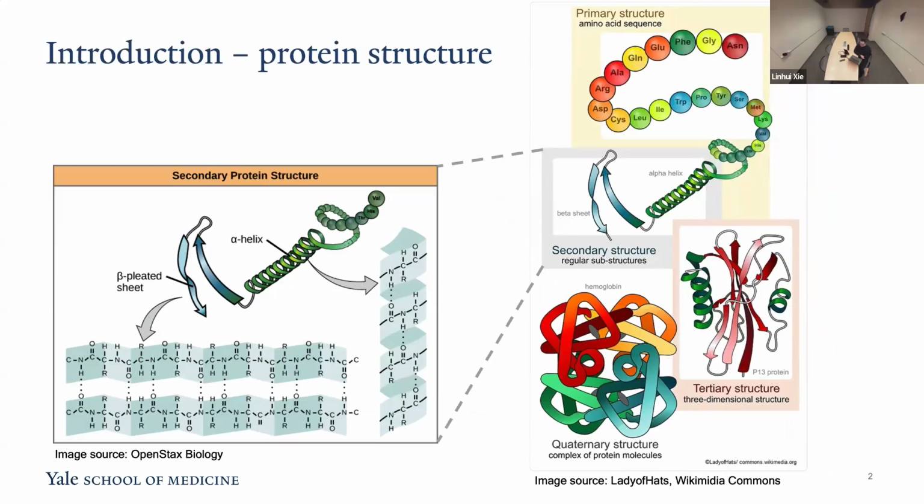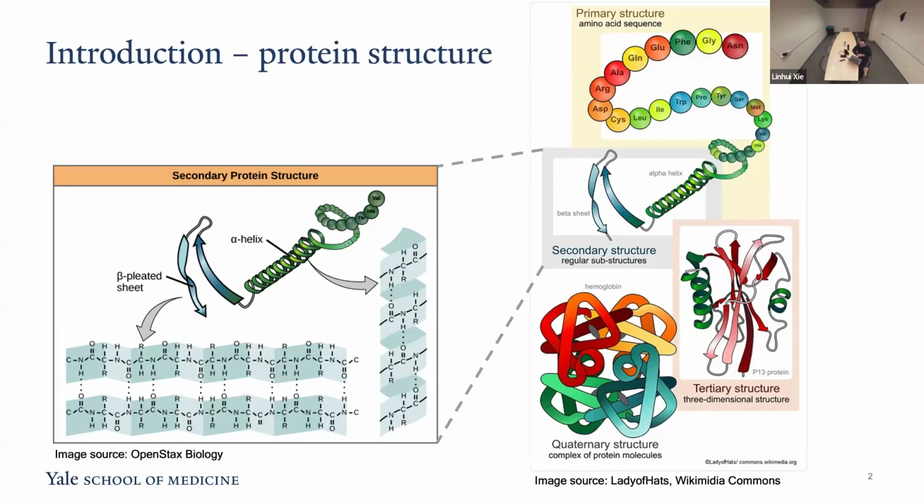We know that protein folding is like the original puzzle. It solves itself. If you have a long string of amino acid sequence like this, it will automatically fold into a 3D shape. For the second level of structure, you will notice the alpha helix and the beta sheet.